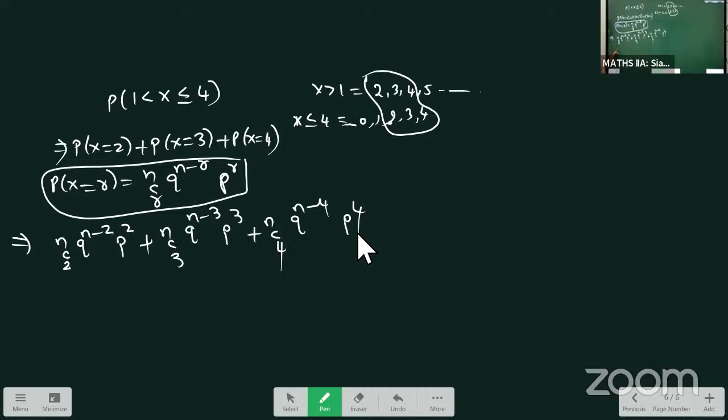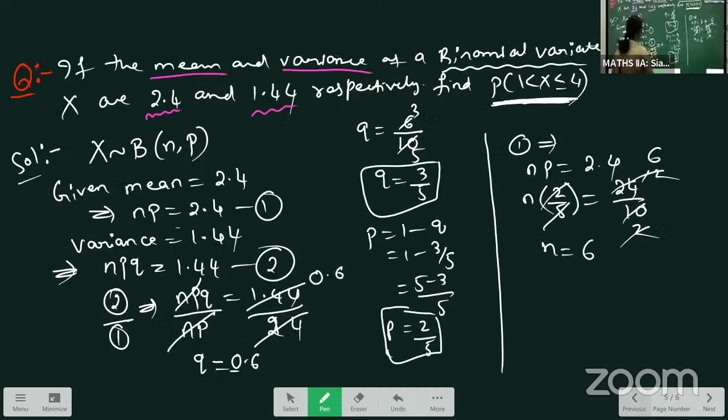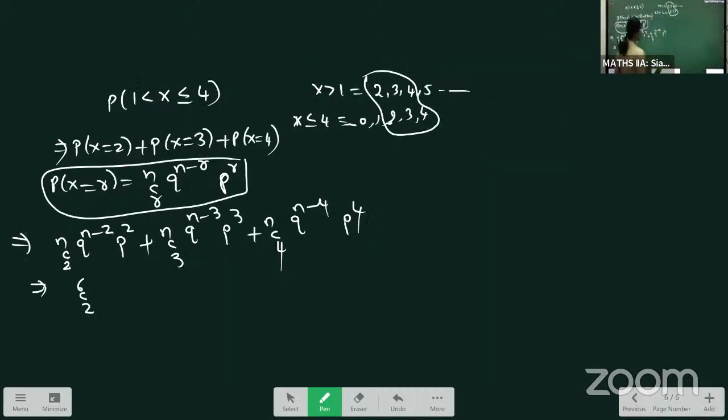We know the N value, P value and Q value. Substitute. N we got as 6. So 6C2. Q value, how much do we have? Q is equal to 3 by 5 and P is equal to 2 by 5.